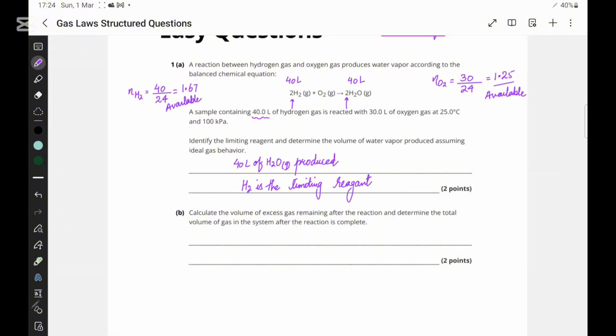In this question they are saying calculate the volume of excess gas remaining after the reaction. We have 40 liter of H2, and H2 is the limiting reactant. So limiting reactant controls the amount of product.